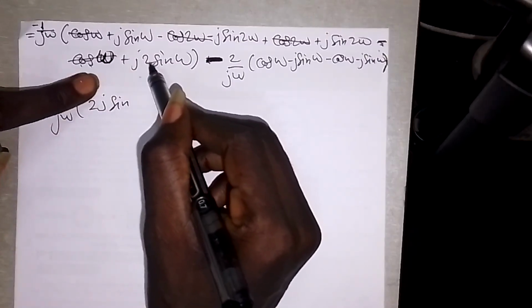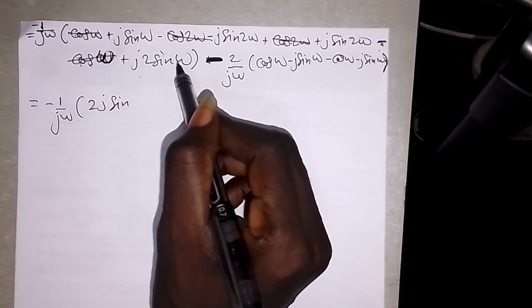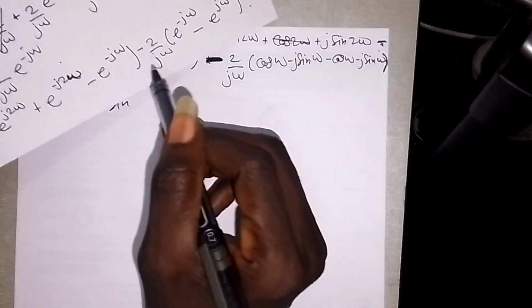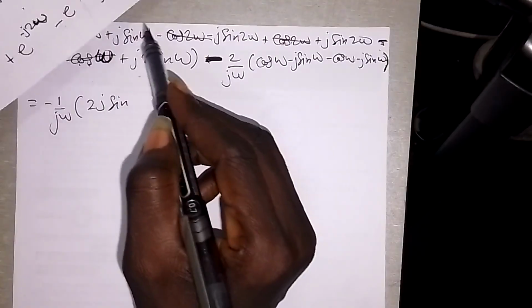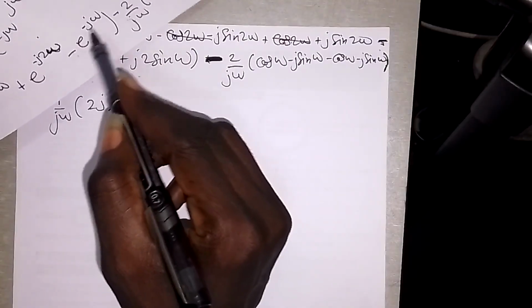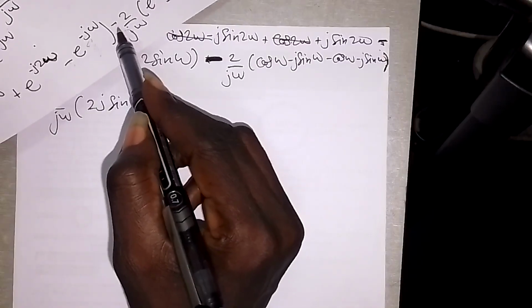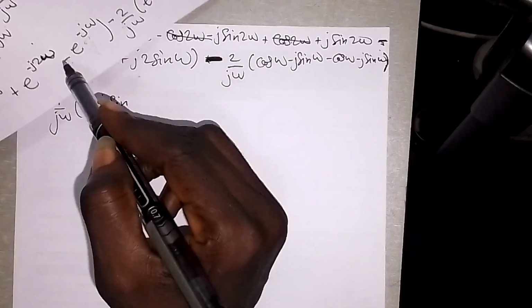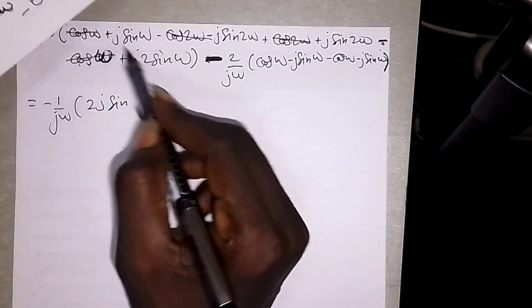It's j sine omega, because we were expanding this one. And then this one will become cos omega minus j sine omega. This negative will make the cos negative, but it will make the sine positive.